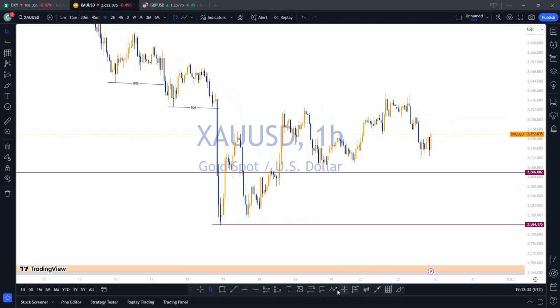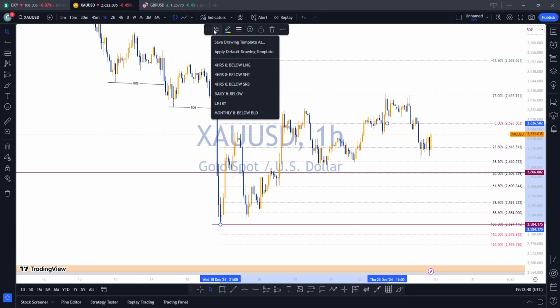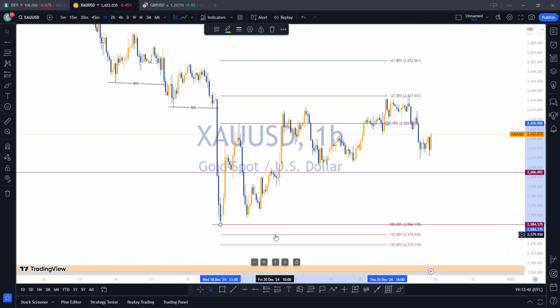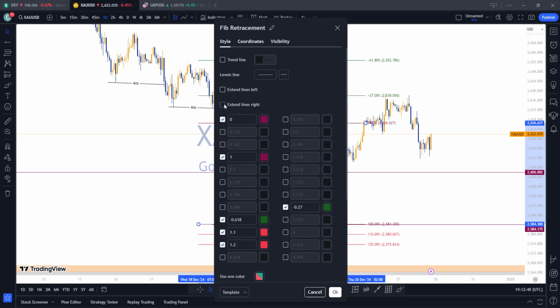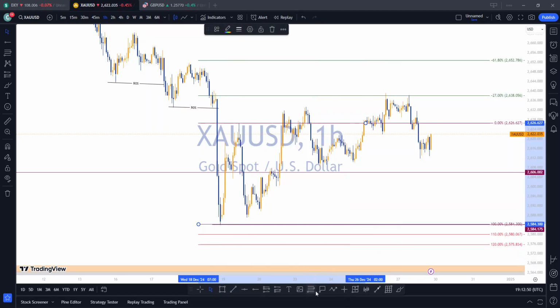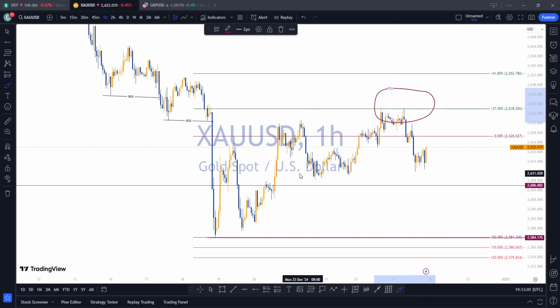So now I'm going to use my fib, point A to point B right here. So as we can see, we reacted around, just like, if you've been watching my analysis, you know that my 7% fib level is a reversal level, right?